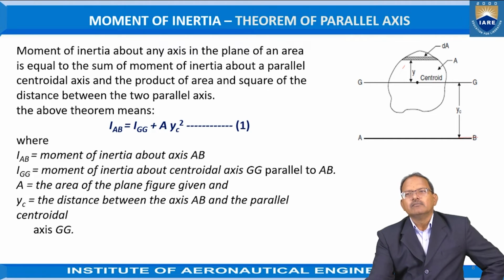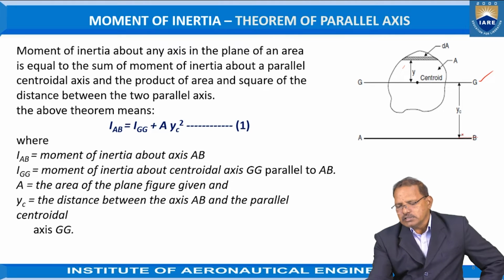Let us find the moment of inertia of that entire area about a line AB, which is parallel to GG as shown in the figure. According to the theorem of parallel axis, IAB is equal to the sum of the moment of inertia of the plane area about its central axis, that means GG, and the area multiplied by the square of the distance between the parallel axes, which is represented according to this figure.